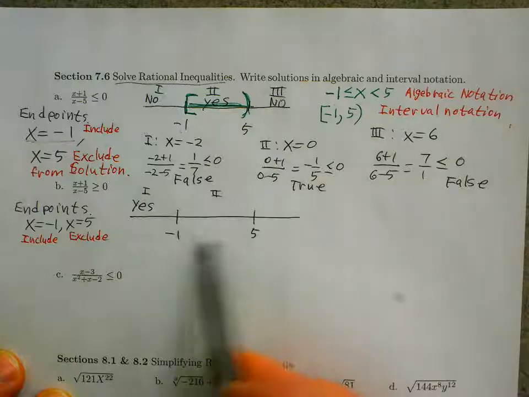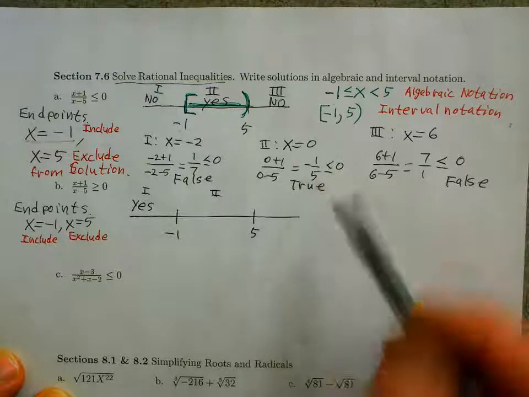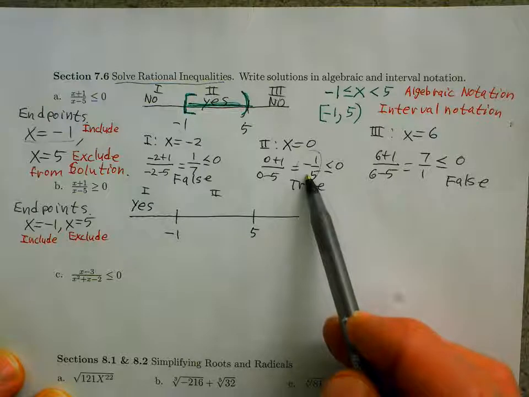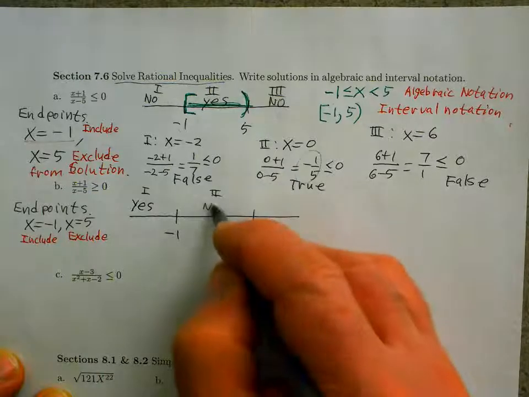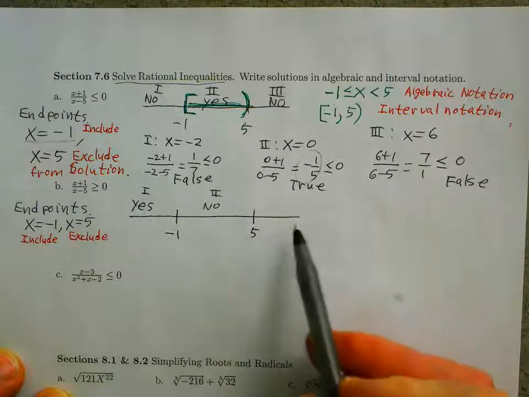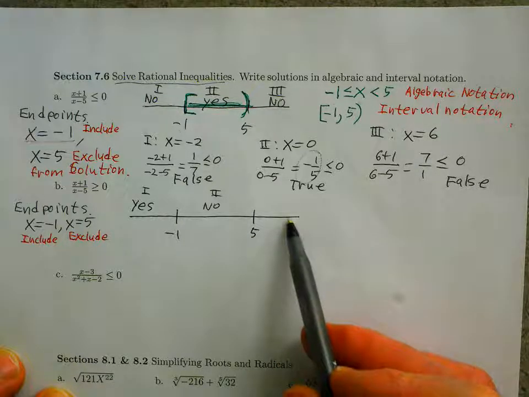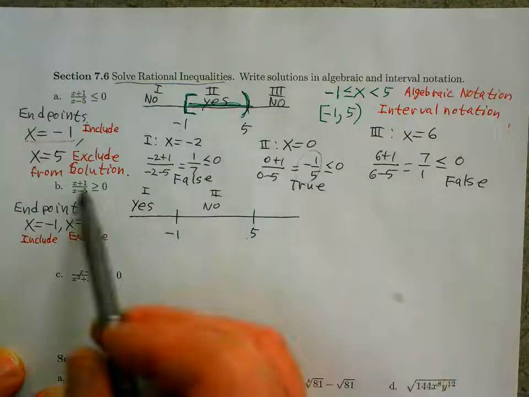In the middle interval, when we picked x to be 0 as our test point, the fraction is negative. But in part B, a negative number greater than or equal to 0 is false. So none of those numbers between -1 and 5 are solutions. Then in the third interval, a test point makes the fraction positive.